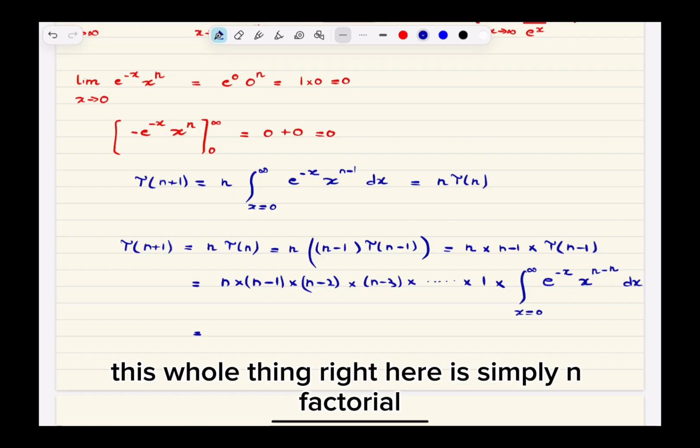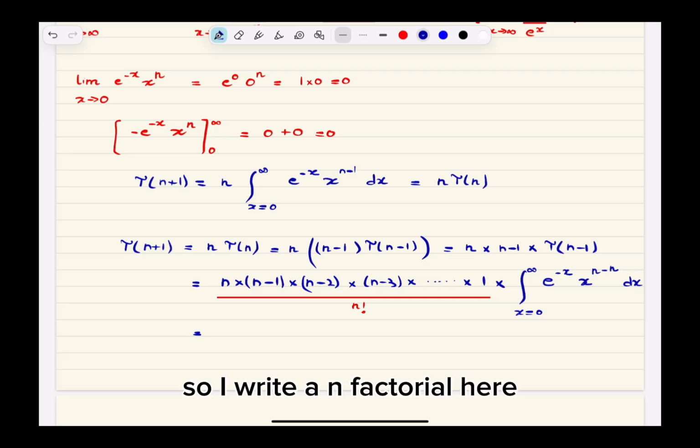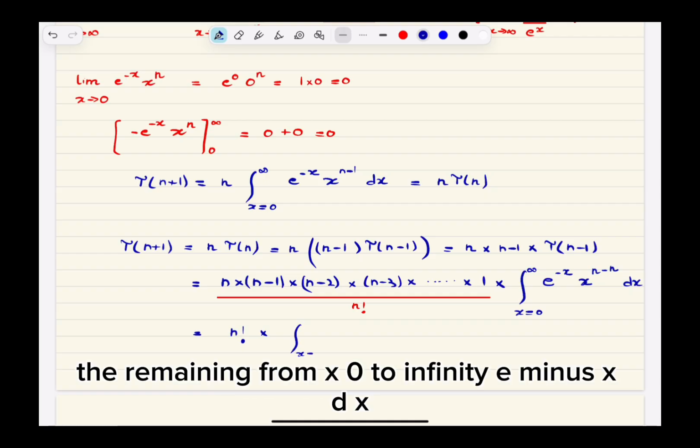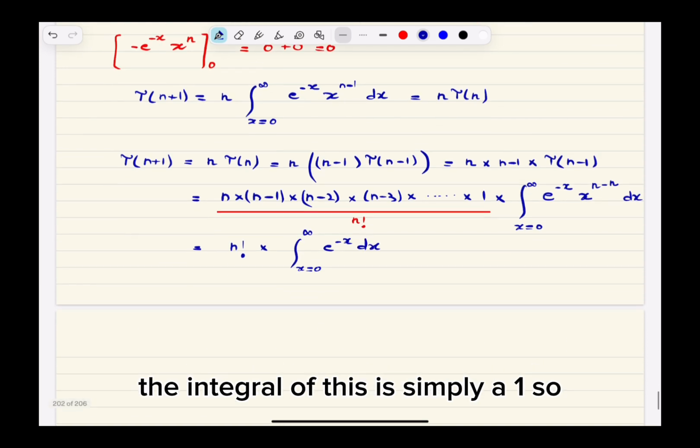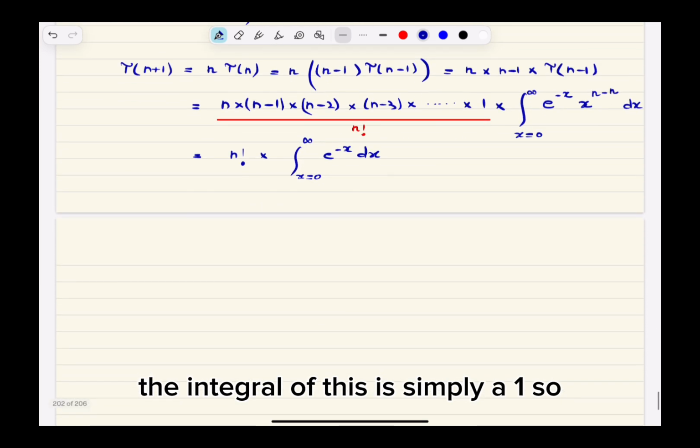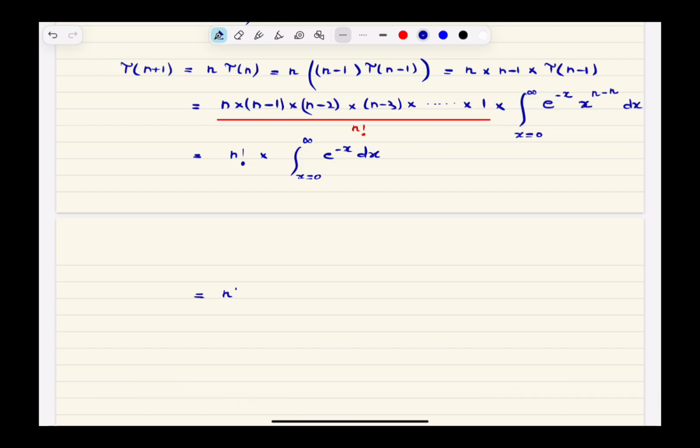And this whole thing right here is simply n factorial. So I write n factorial here. And for the remaining expression, the integral from 0 to infinity of e^(-x) dx, the integral of this is simply a 1. Or maybe I should show this.